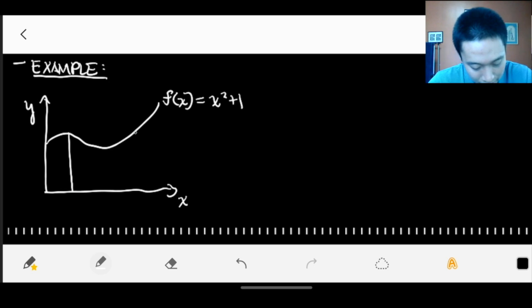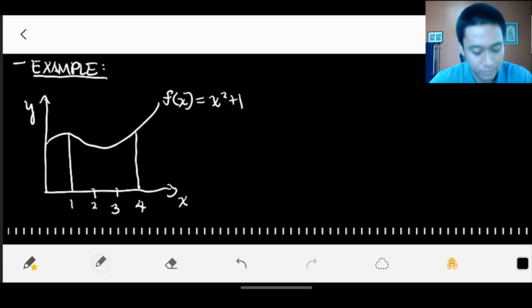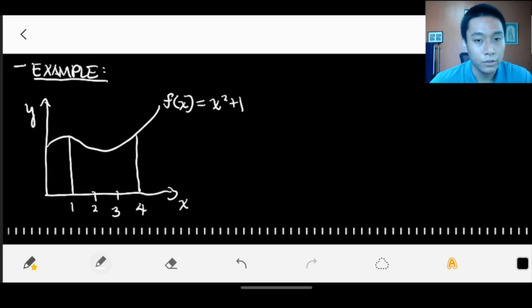And let's say that you want to find out the area bound by that function and the x-axis in the domain of x equals 1 to x equals 4. So we have 2 and 3 here. So how does Riemann sum work?